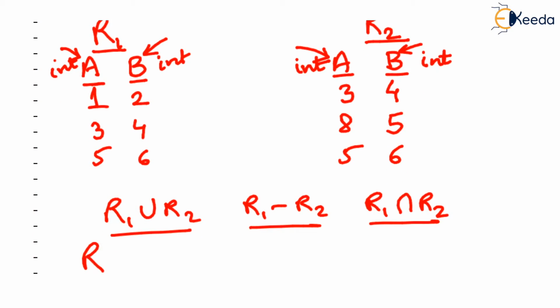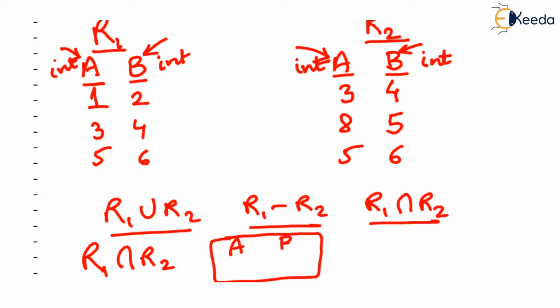So what will R1 intersection R2 contain? It will obviously contain A and B, the two columns common in both the relations, and it will contain those rows which are there in both R1 and R2. 1 and 2 is present in R1, but it is not present in R2 anywhere.